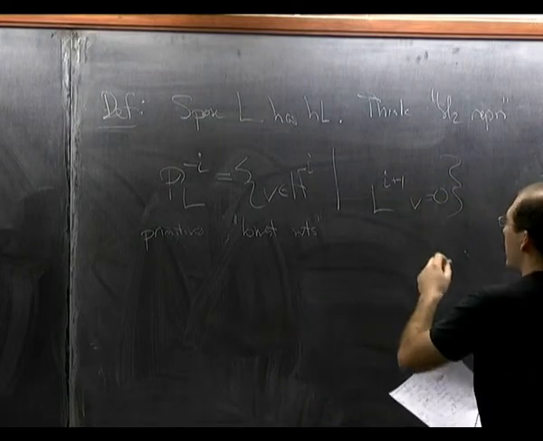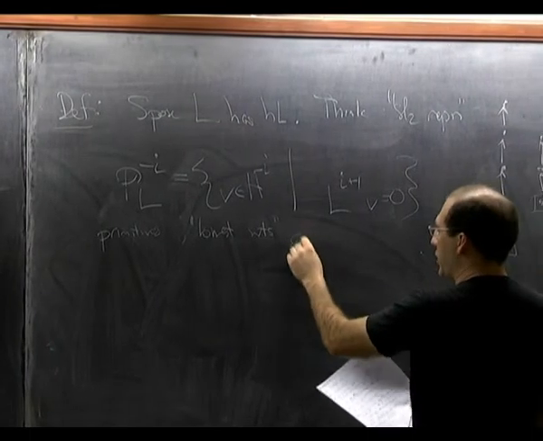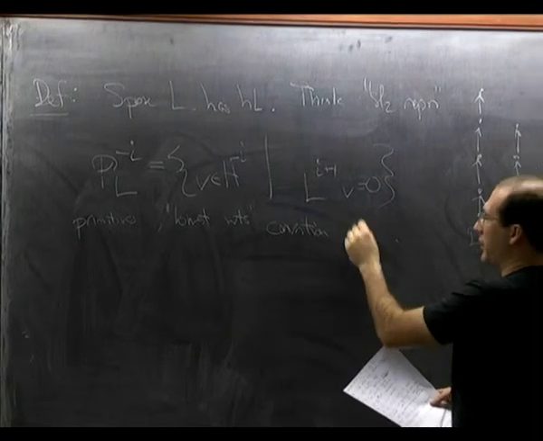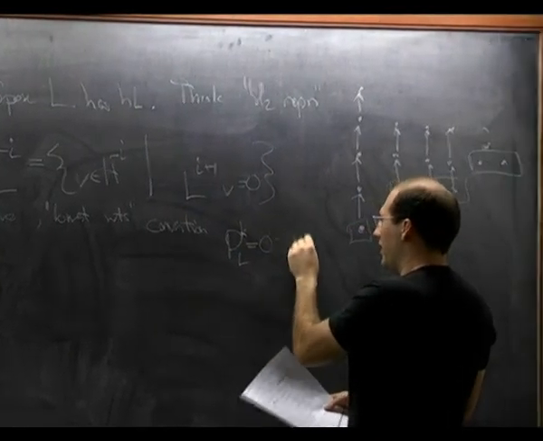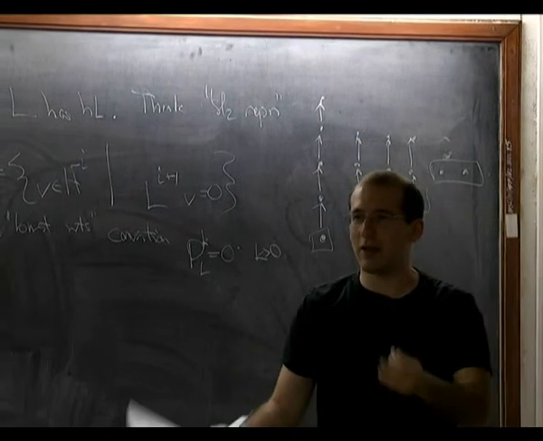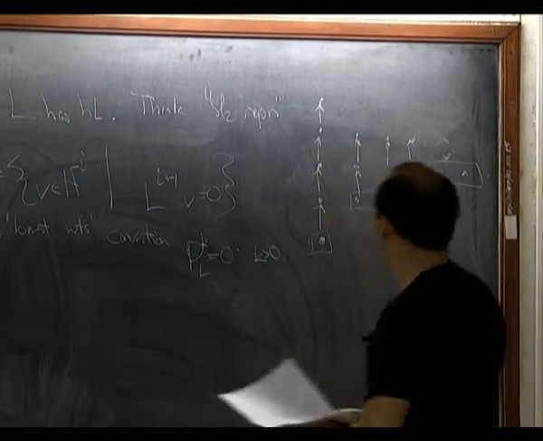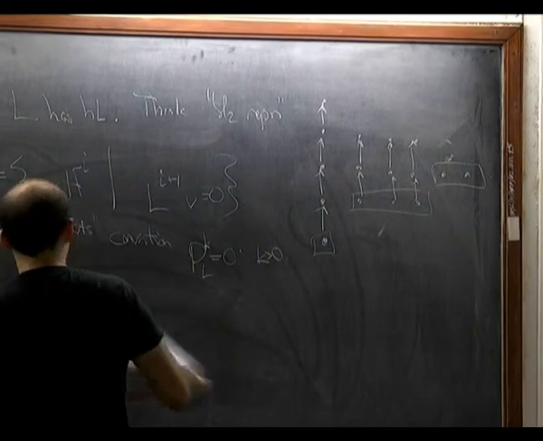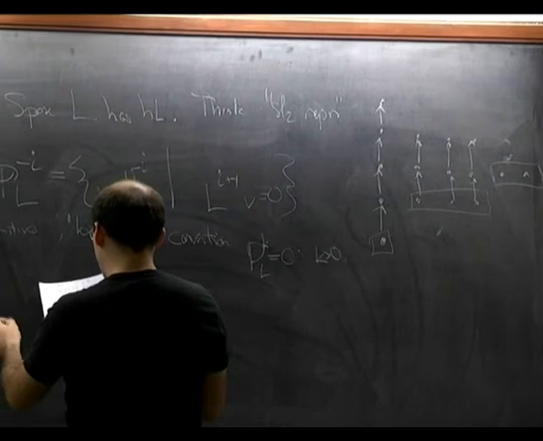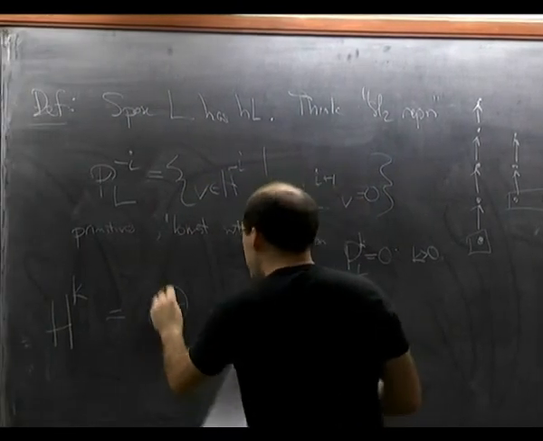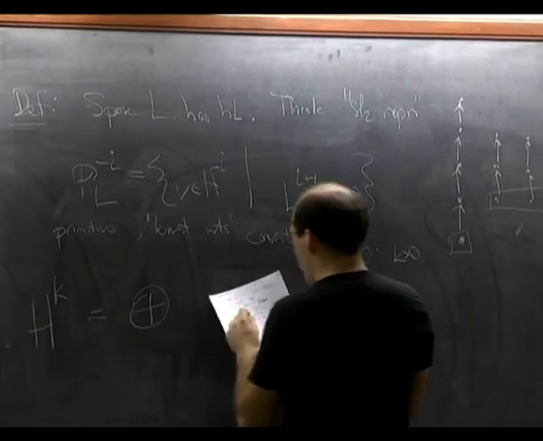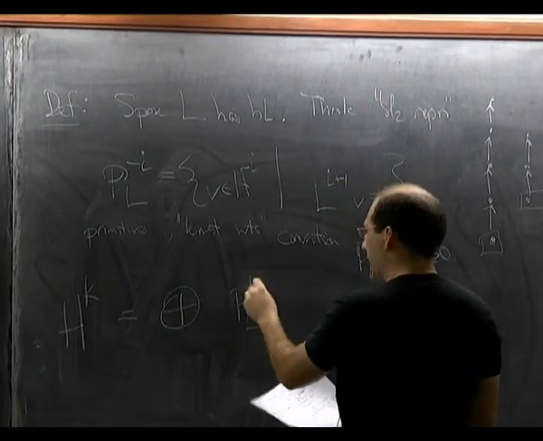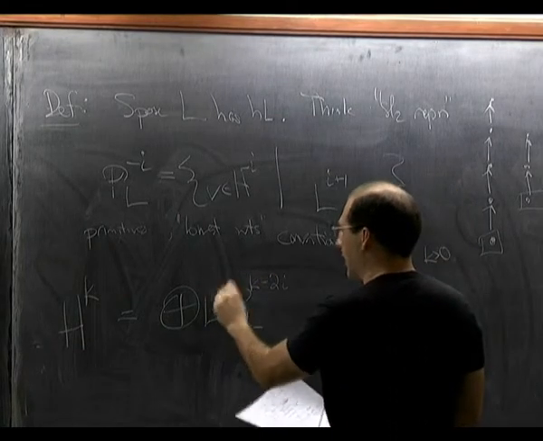And by convention, let's set the primitive in some positive degree to be 0. Okay, primitives are lowest weights. Lowest weights must be less than or equal to 0. And so this decomposition into SL2 isotypic components looks like this. In each degree, you've got the primitives of degree k minus 2i to which we've applied L i times.